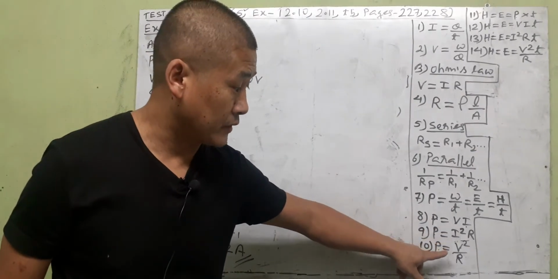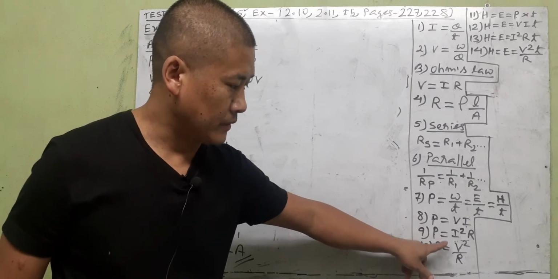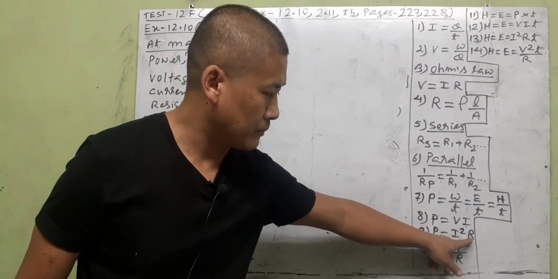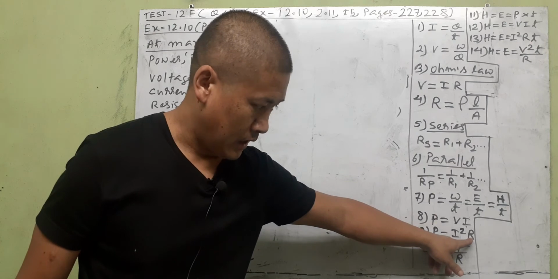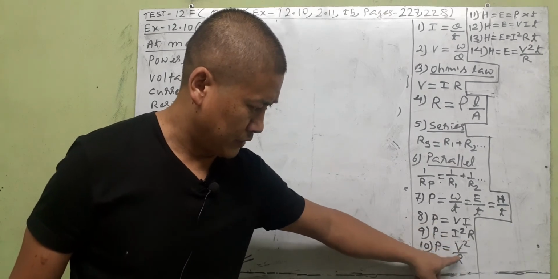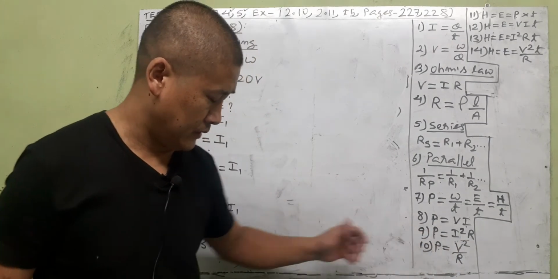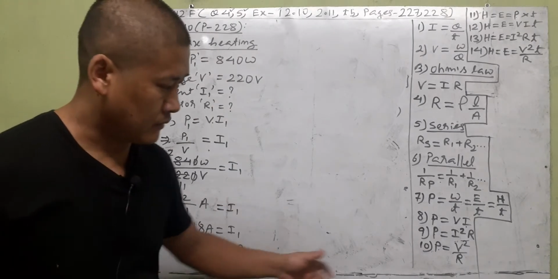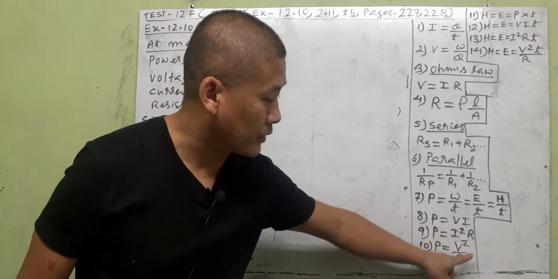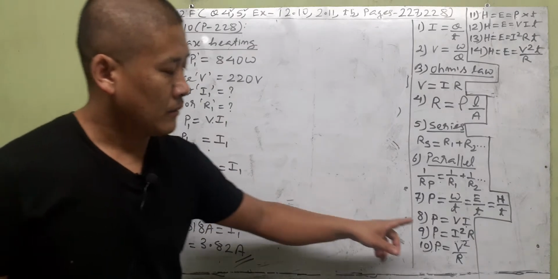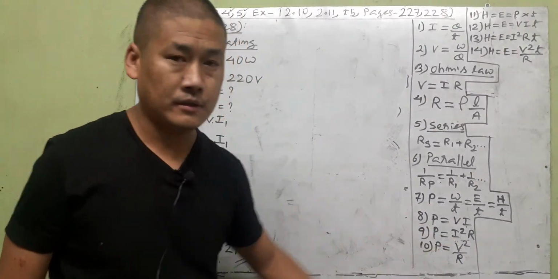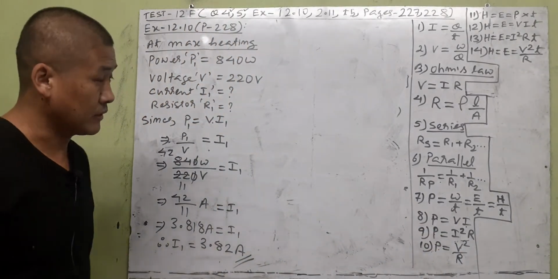But I prefer another one, P equal to V square by R. Both will give you the same answer, but I prefer this because this is already in decimal.